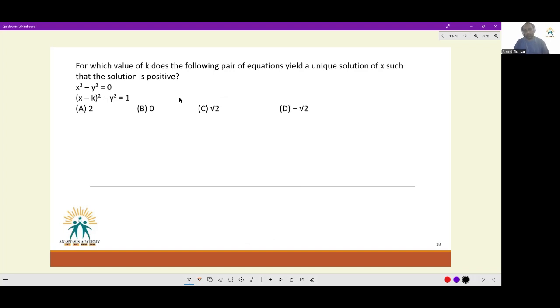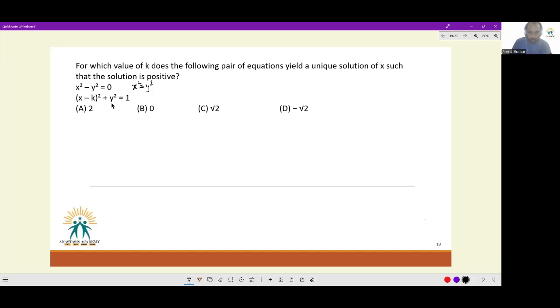Okay, next. For which value of k does the following pair of equations yield a unique solution of x such that the solution is positive? Okay, in this instance, what do we have to do? Let's see. So the first thing we will see here is that x square is equal to y square.